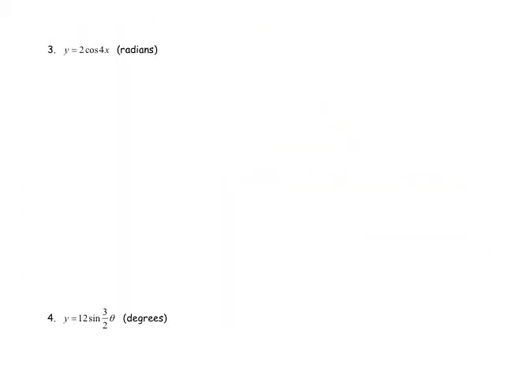2 cosine 4x, and we're in radians. So this is cosine. Cosine is that U shape. The amplitude is 2. The period in radians is 2 pi divided by 4, which is pi over 2.